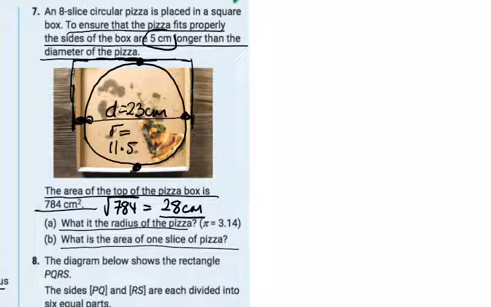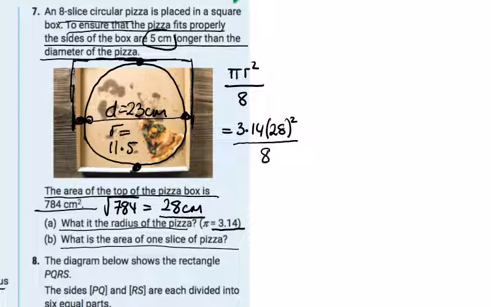area of one slice, well, the area of one slice is pi r squared. There were 8 of them, so over 8. Do they tell us anything about pi? 3.14. So 3.14 by 28 squared, which we know is 784, divided by 8 will give me the area of one slice of pizza. And I haven't taken the radius of the pizza.